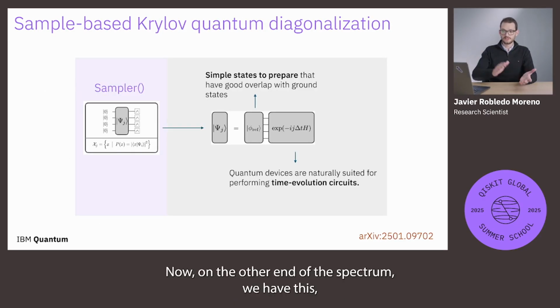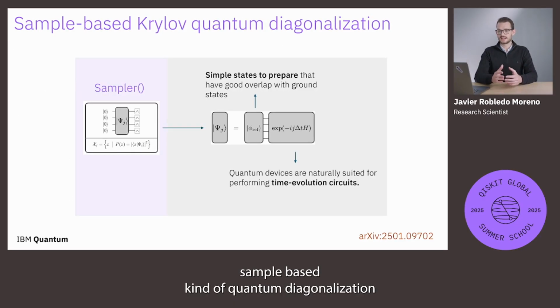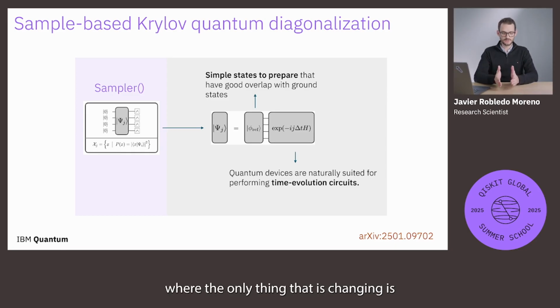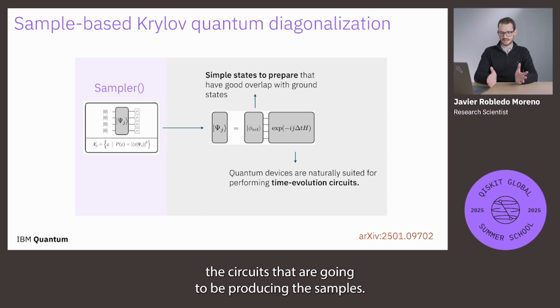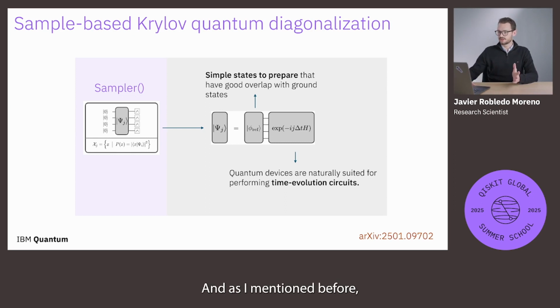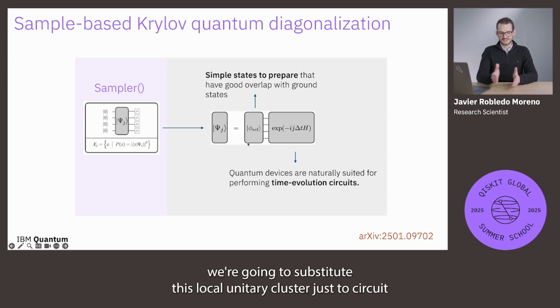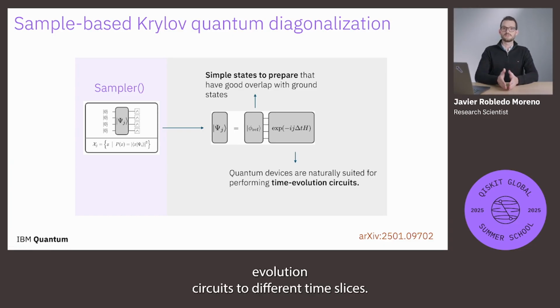Now, on the other end of the spectrum, we have this sample-based Krylov quantum diagonalization, where the only thing that is changing is the circuits that are going to be producing the samples. As I mentioned before, we're going to substitute this local unitary cluster Jastrow circuit with time evolution circuits at different time slices.